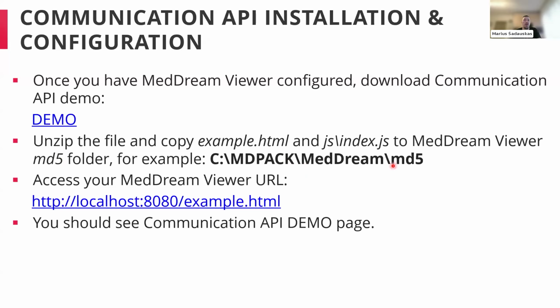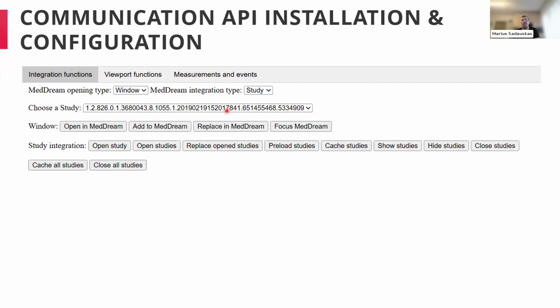If you run the Windows installation and you just click next, next, next, it will be installed in MedDream, in MDPACS MedDream. So you will go to the MD5 folder and just paste these two files, example.html and index.js, to this folder. And then you can access your MedDream URL, and after the slash, just put example.html, and you should see the communication API demo.